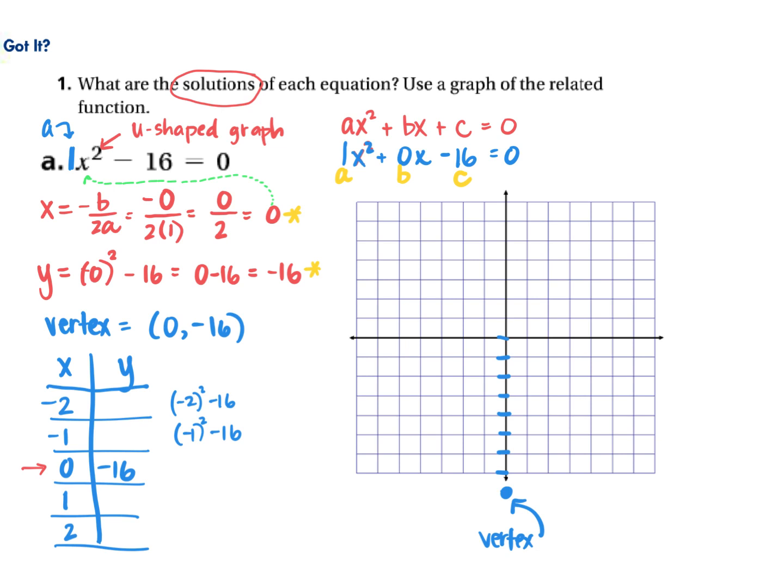Those parentheses make a difference. I noticed on your quiz, a lot of you were not using parentheses on your calculator, and then you end up with the wrong answer. A parentheses matters on that calculator. The way your calculators work, they require parentheses. We can drop down to 1 squared with parentheses, -16, and then 2 squared with parentheses, -16.